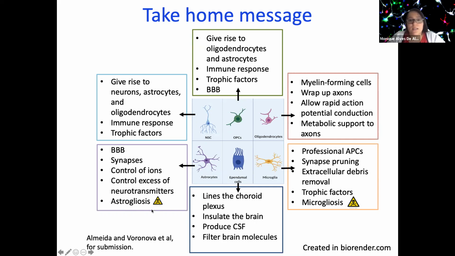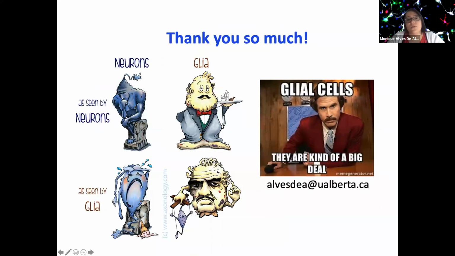And astrocytes, which tightly regulate blood-brain barrier formation and maturation, participate in the regulation of synapses, control the excess of neurotransmitters, and similarly to microglia, during injury may play an important role in the exacerbation of the inflammatory response. So that's it. I hope you have learned a little about glial cells, and many thanks for your time.